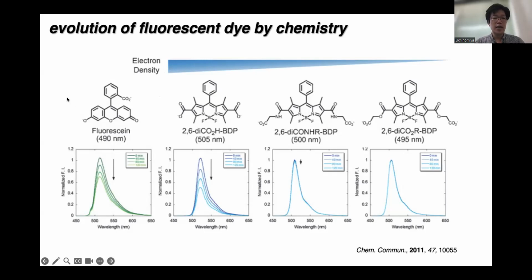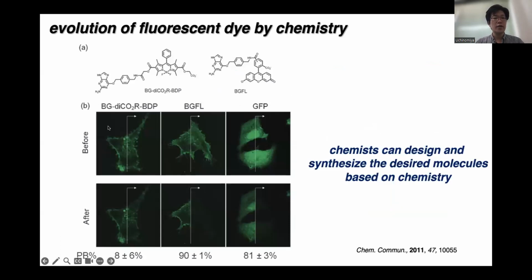In the case of the conventional fluorescent dye, or this type, the fluorescence decreased upon irradiation of light. However, this probe still shows strong fluorescence after irradiation of strong light, so this probe can be applied for long-time imaging.